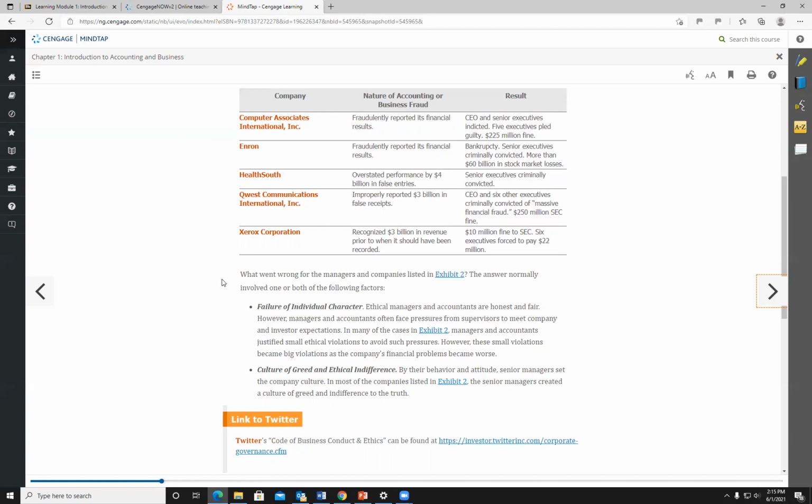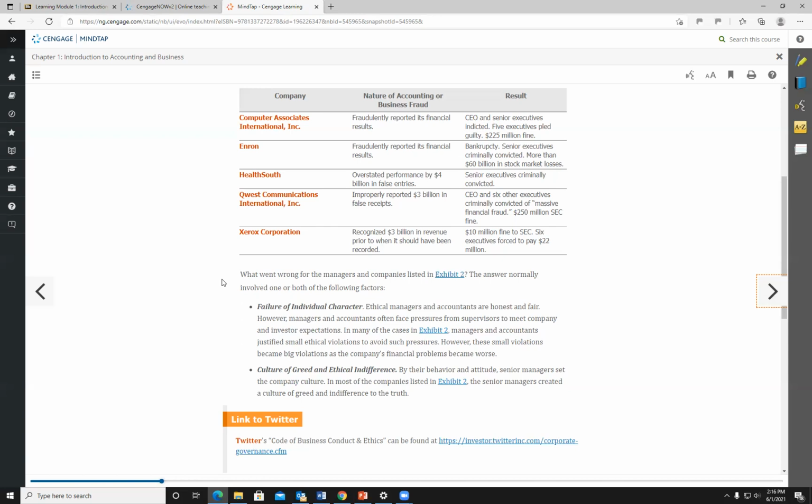As we said before, managers make their decisions based on the numbers the accountants provide them. So if those accountants are fudging those numbers to make them look good, to meet those expectations, and the company owners are assuming they're meeting their expectations, and they make big, huge financial decisions, it's a domino effect, correct?